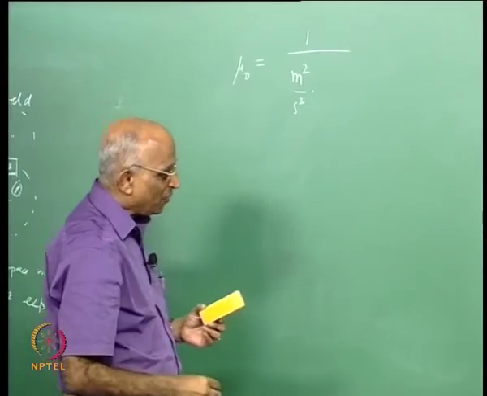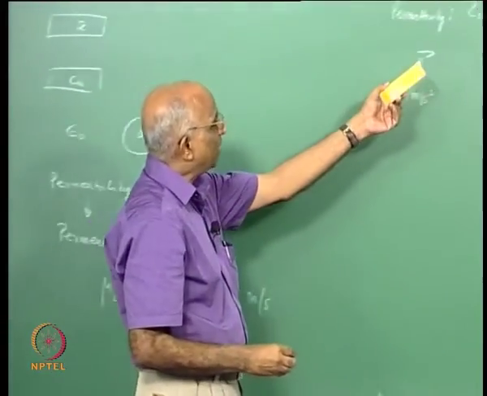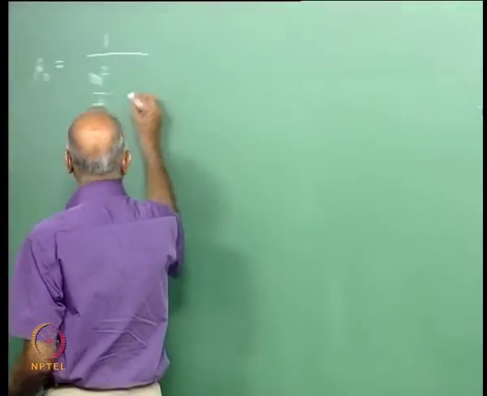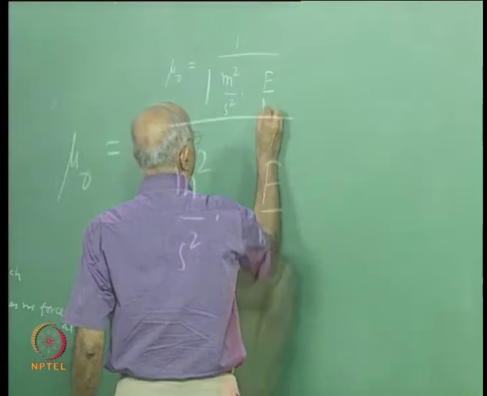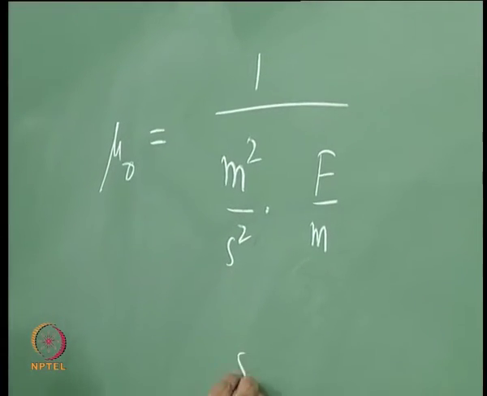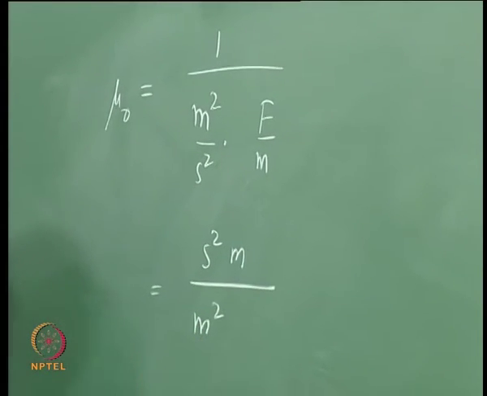And what was the unit of permittivity? We already wrote it here, farads per meter. Now I simplify this, I bring second square on top, meter square over here.